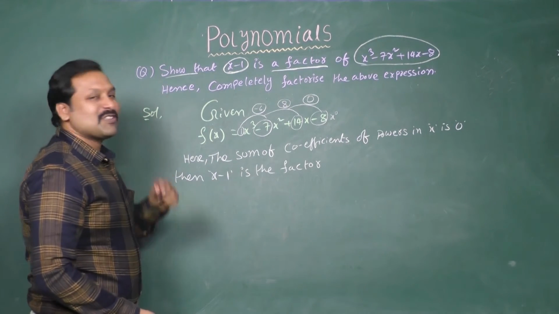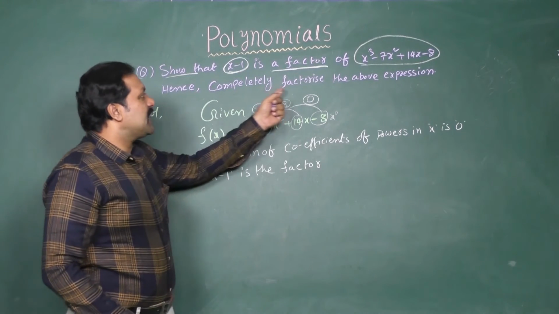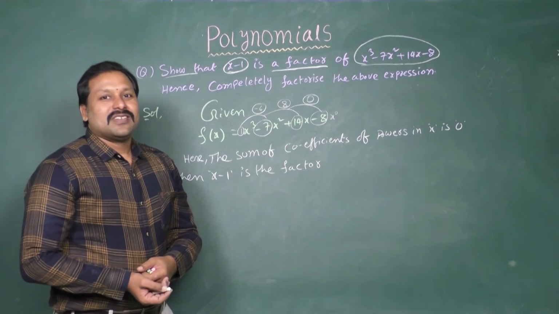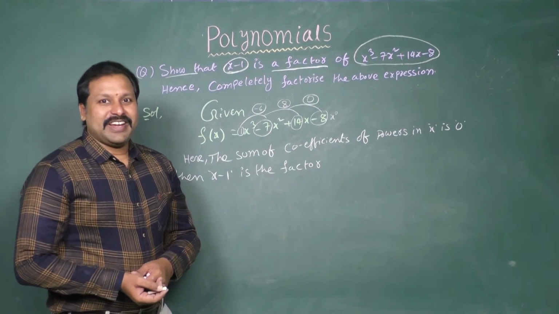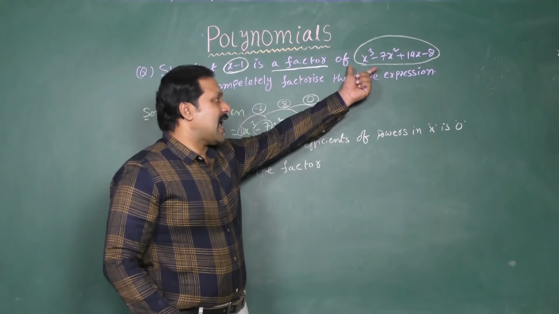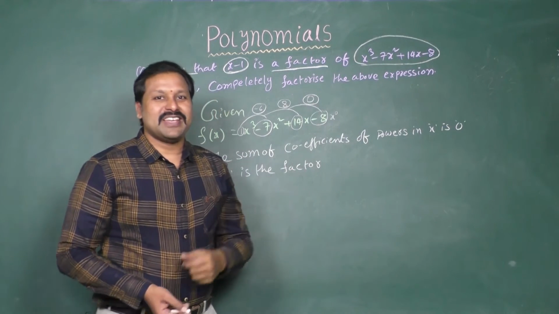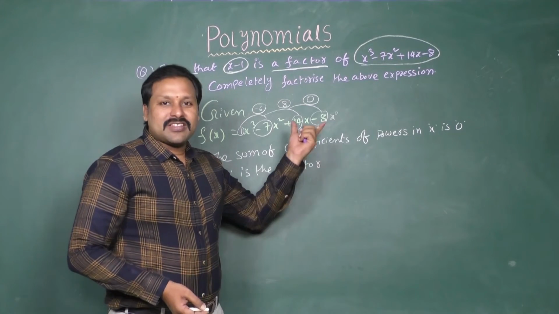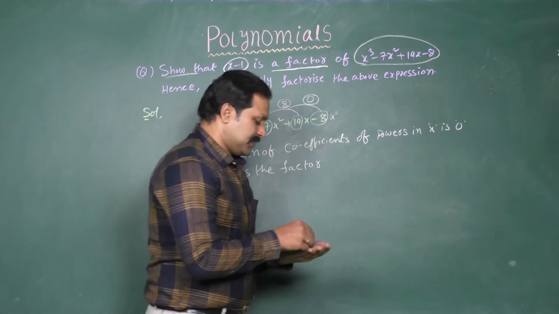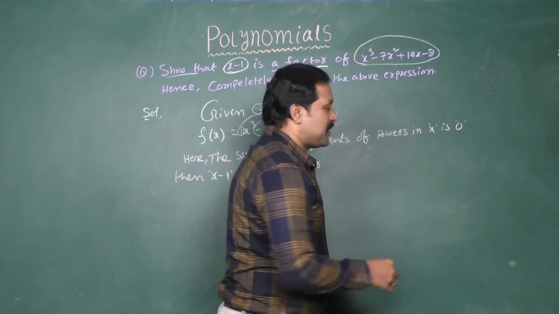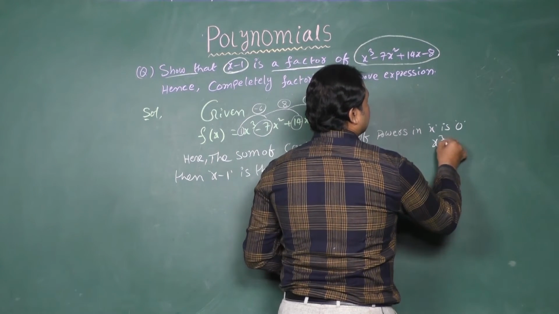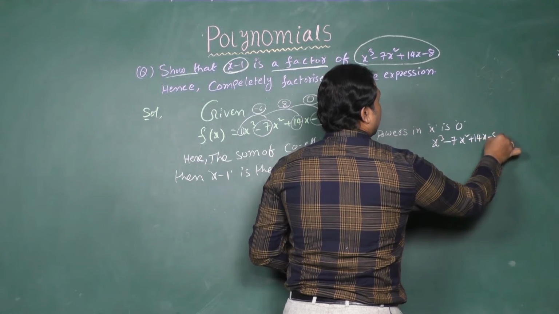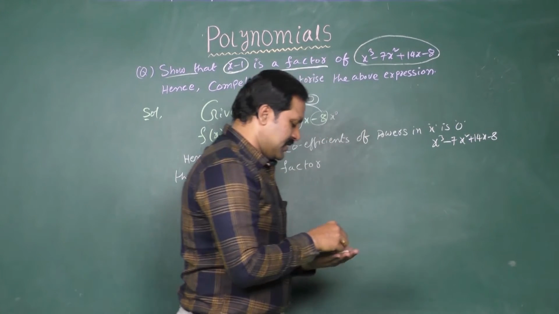Now coming to the second question. Hence, completely factorize the above expression. On dividing f of x by x minus 1, we get a quotient. So take the normal division. The given expression is x cube minus 7x square plus 14x minus 8.